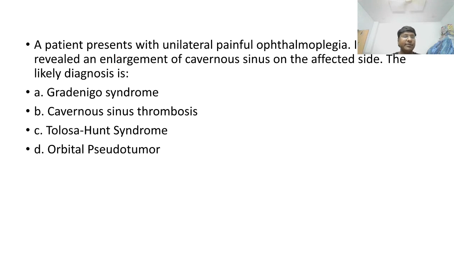Yes, very important question. We have a patient presenting with unilateral painful ophthalmoplegia. Imaging revealed an enlargement of cavernous sinus on the affected side. What is the likely diagnosis? Gradenigo's syndrome, cavernous sinus thrombosis, Tolosa-Hunt syndrome, orbital pseudotumor.